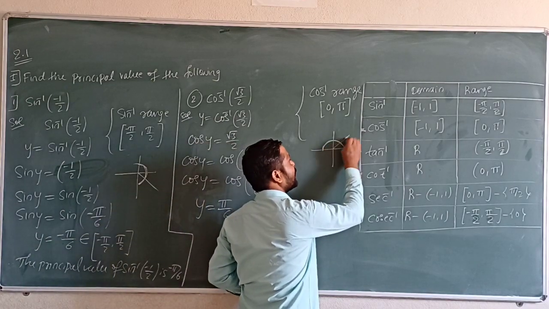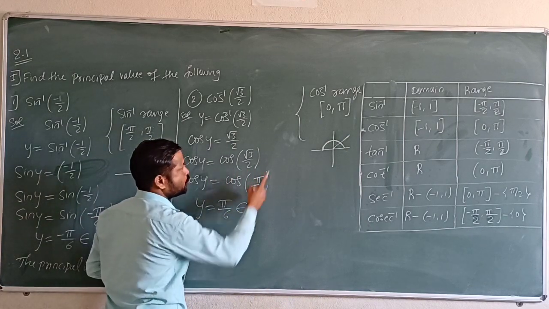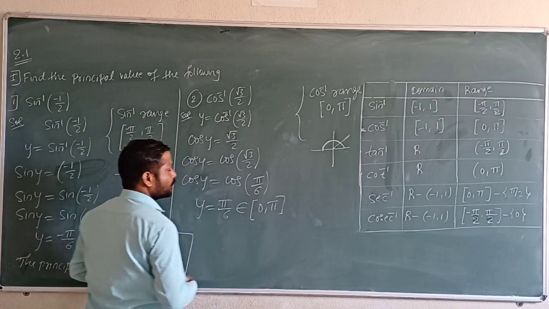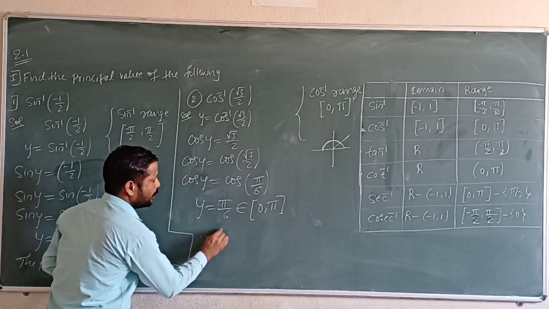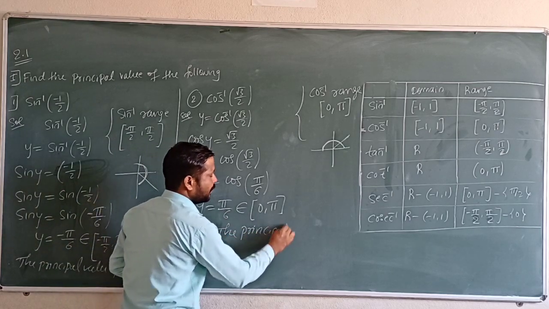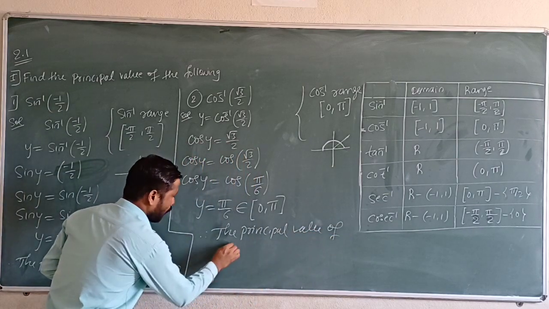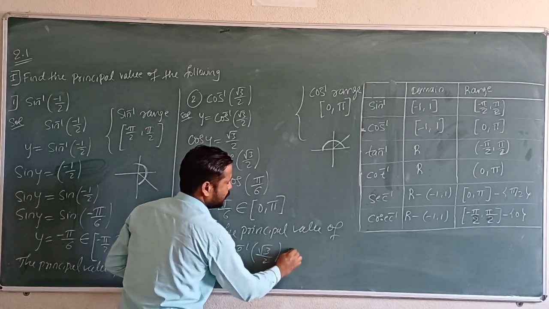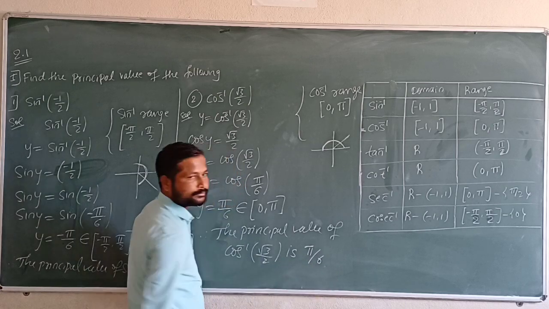Now it is inside the range, no doubt. So therefore y is equals to pi by 6 belongs to 0 to pi range. So therefore the principal value of cos inverse of root 3 by 2 is the answer, that is pi divided by 6 now.